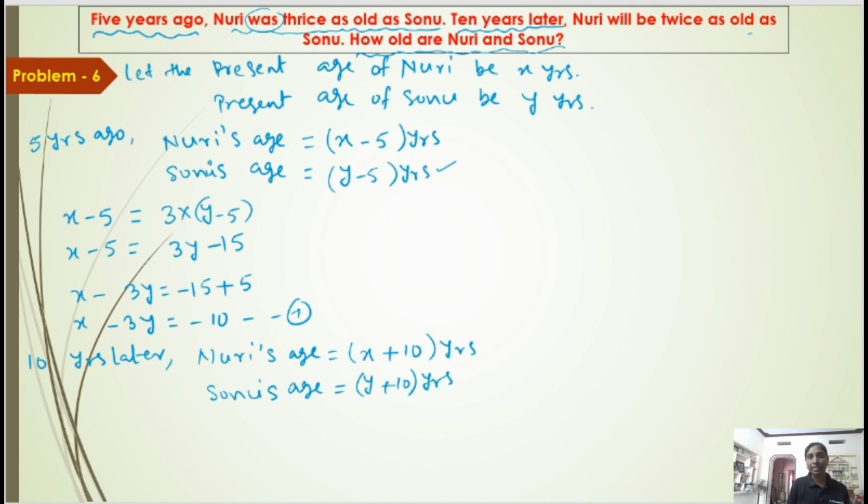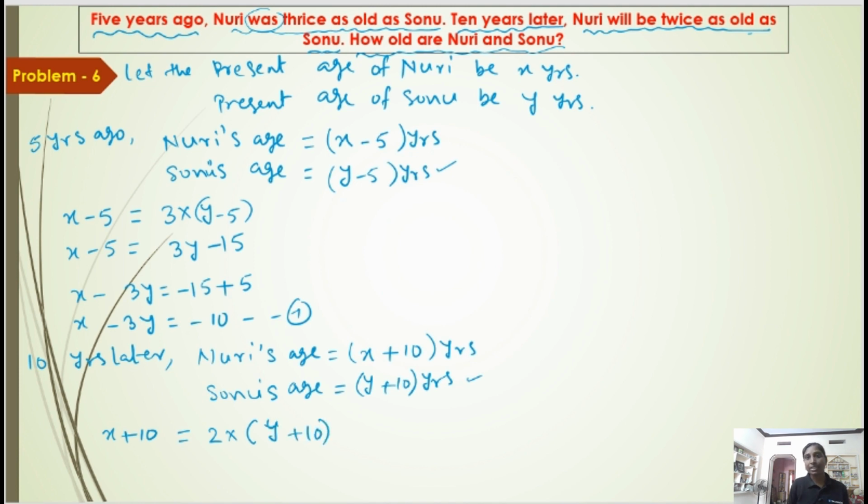So read here. Noori will be twice as old as Sonu 10 years later. So you have to write the age of Noori 10 years later, which is x plus 10, is equal to twice, meaning 2 times Sonu's age, y plus 10.